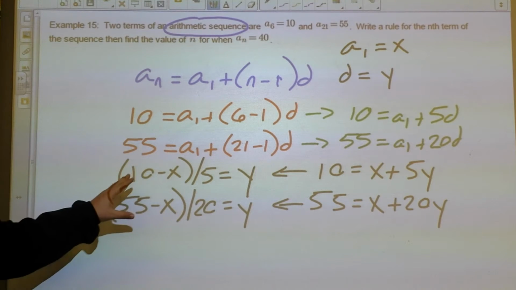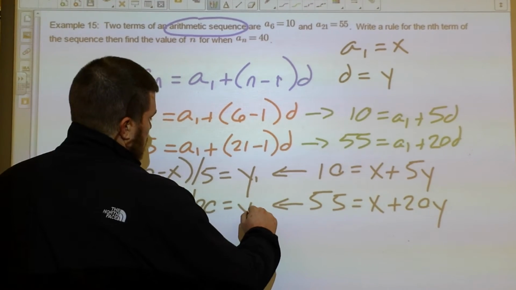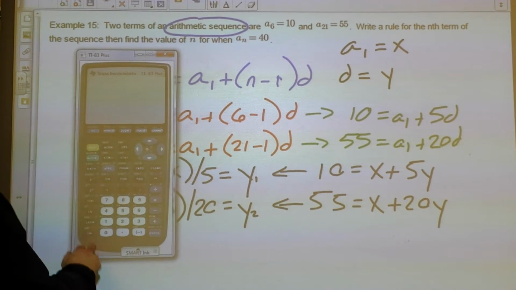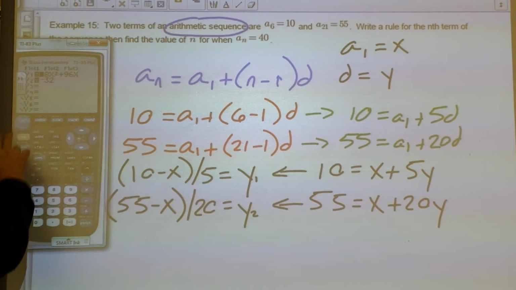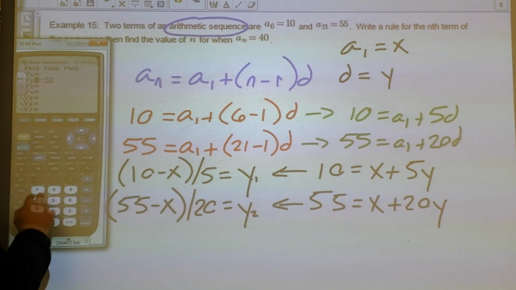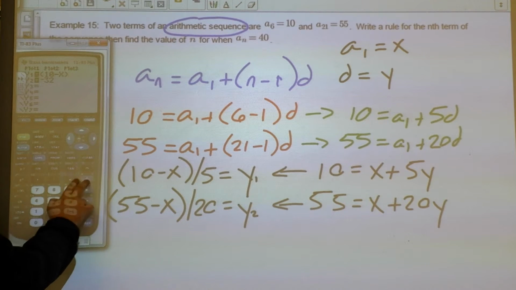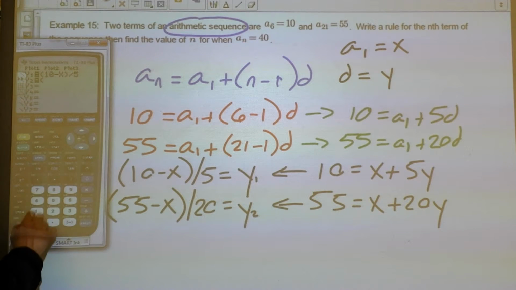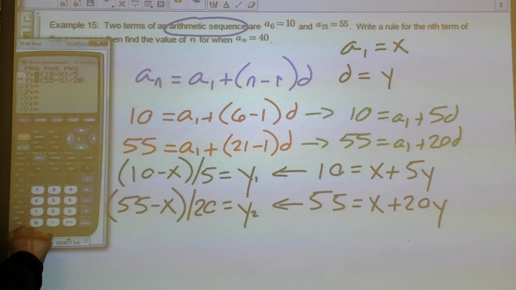Now that I have both equations, I can graph y1 for the first equation and y2 for the second equation. I'm going to go to y equals and type it in. Again, don't forget the parentheses. So (10 minus x) divided by 5, and for y2, (55 minus x) divided by 20.